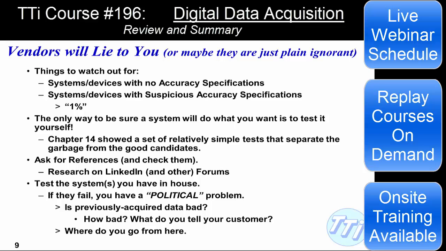So when you're looking at the system that you have or looking at a system that you might potentially buy, things to watch out for are systems or devices with no accuracy specifications. If there aren't any accuracy specifications, then you can rest assured that the data acquisition system vendor or builder hasn't characterized their systems properly, and so there's no way that they can tell you how accurate the systems are.